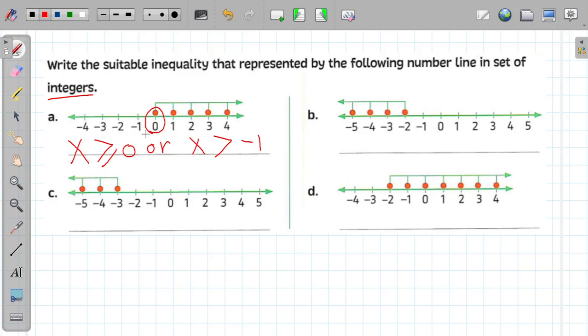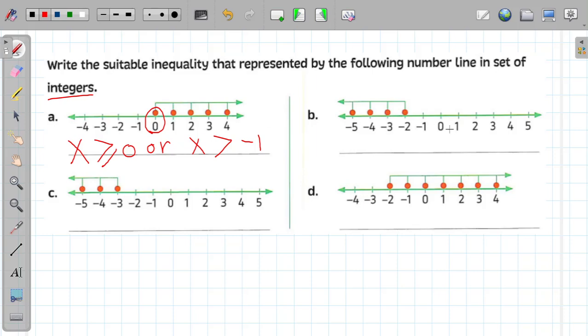Why? Because I am starting with the next number after -1, the number that is more than -1. So I start with 0, next I have 1, 2, 3, and so on. So I have two inequalities here. The first one, x more than or equal 0, and the second one is x more than -1.